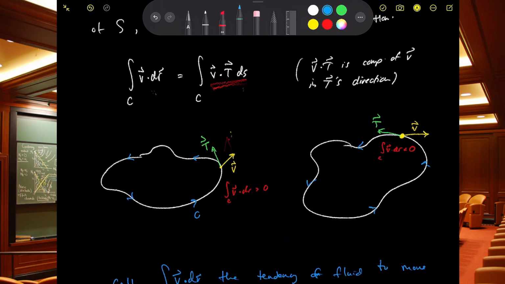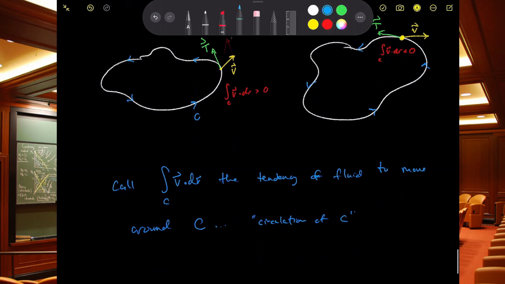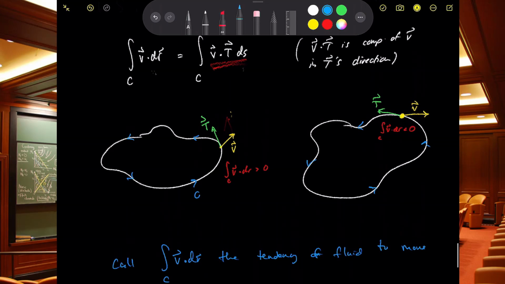And it also highlights why we can get a sense of the fluid flow just at the boundary, and then it's independent of the surface.